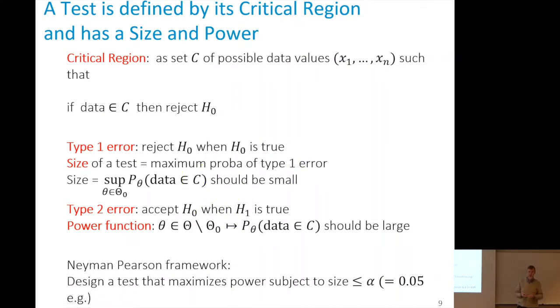One way to do it would be to optimize a sum of the two, but we typically don't do it. Here we say, given a size that we want, for example, 5%, find a test that maximizes the power, the probability of being correct when H1 is correct.